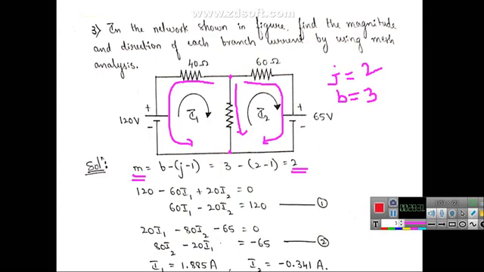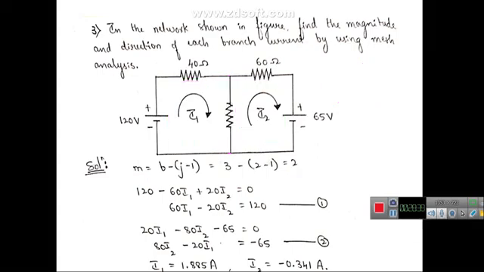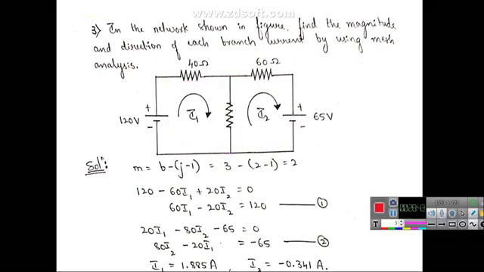Corresponding to the first loop or mesh, this is your mesh number 1. You can start from this point.